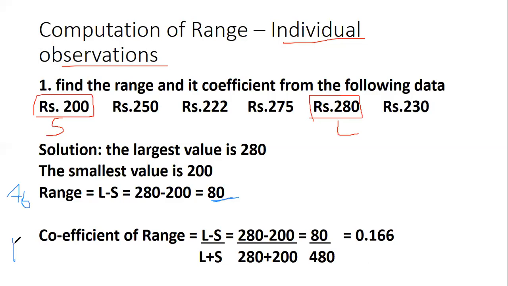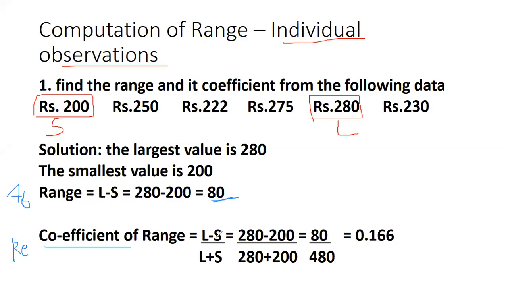Now we also have to find out the relative measure or relative dispersion. Once it is relative, it means it is coefficient. We also have to find out coefficient of range. The formula for coefficient of range is L minus S divided by L plus S: the absolute range divided by the sum of two extremes.